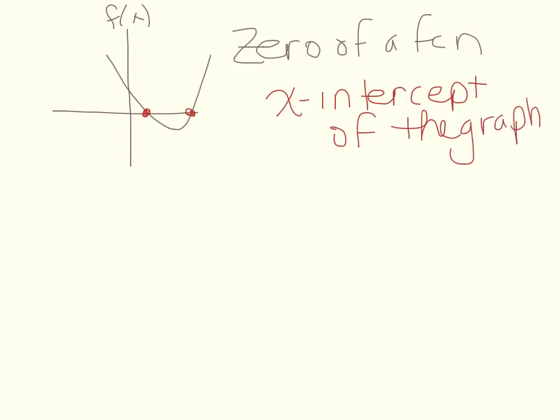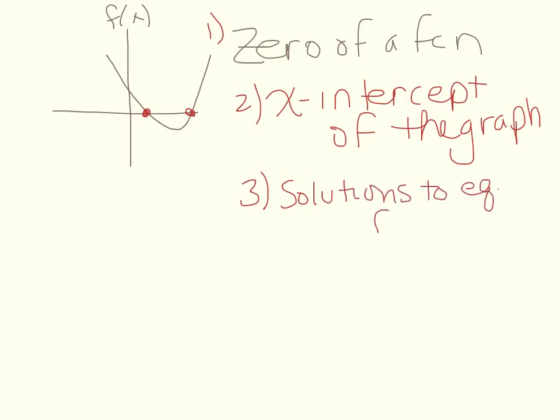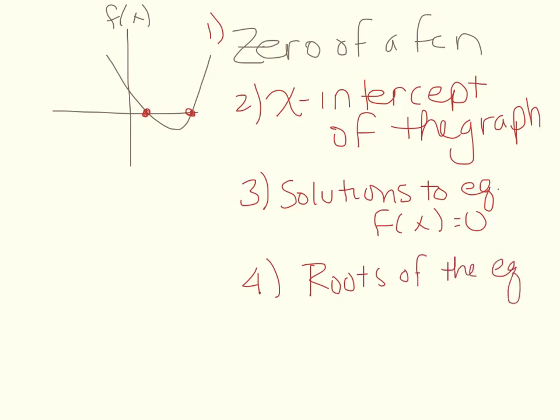So the zero of the function is the same as the x-intercepts of the graph, which is the same as the solutions to the equation f of x equals 0, which is the same as the roots of the equation. Alright, so lots of different ways to ask the same question.